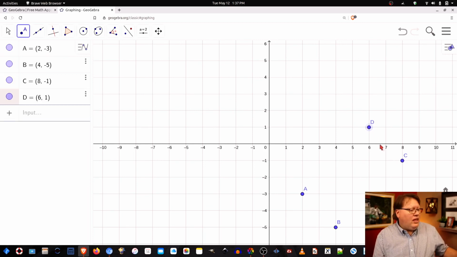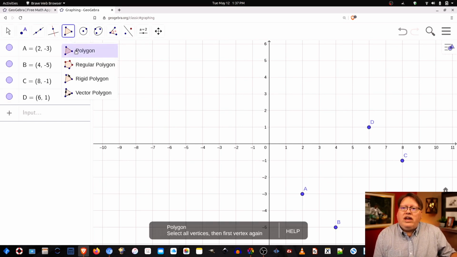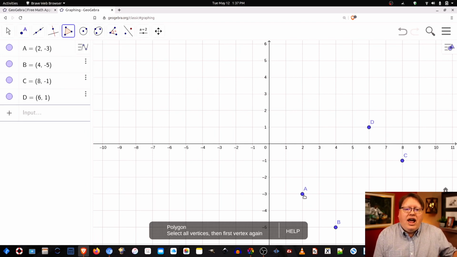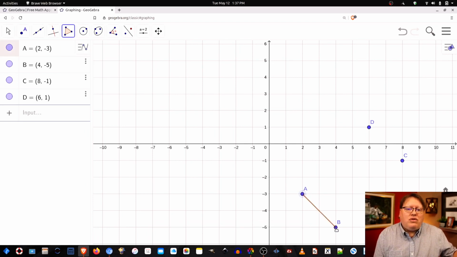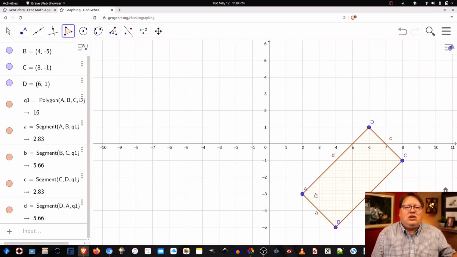Okay? Now, the next step again was to use the polygon tool, which we'll click on and choose polygon. And then we want to go from vertex to adjacent vertex all the way around our figure defined by these vertices and back to our starting point and click that to close the polygon. Now, what are we looking at here?